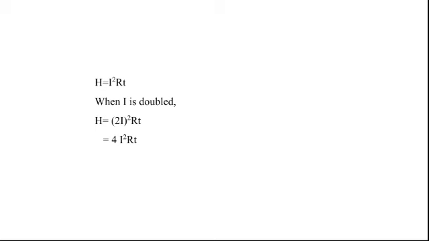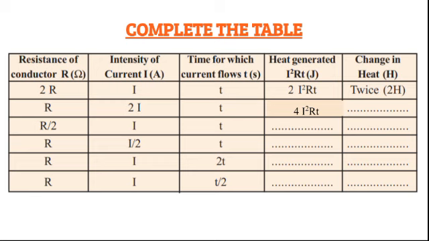When I is doubled, instead of I we must write 2I. So the equation becomes H equal to 2I whole square into RT. So this will be equal to 4 times I square RT. That is, when the current through a conductor is doubled, heat generated becomes 4 times the initial value.